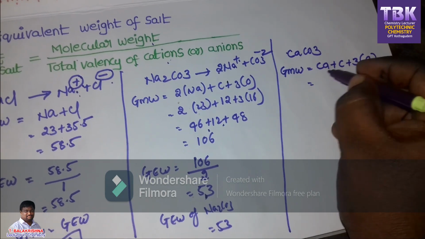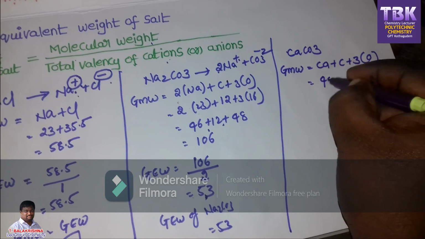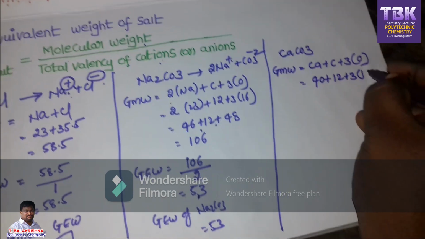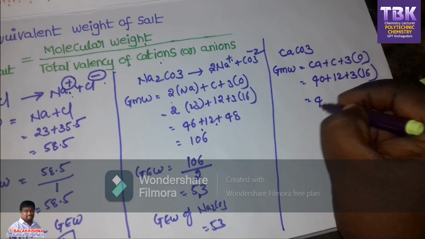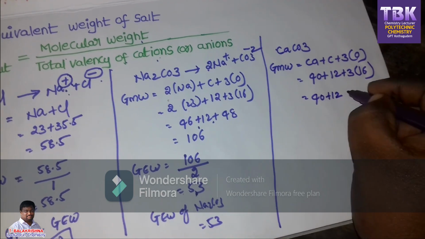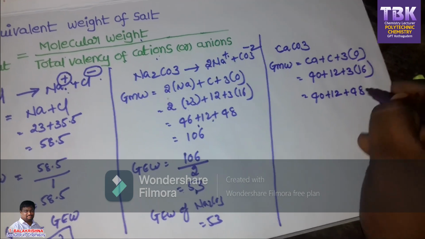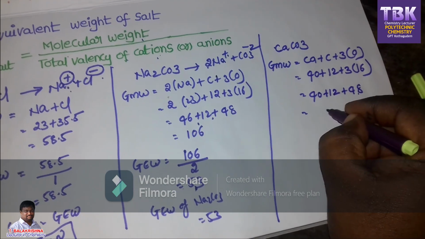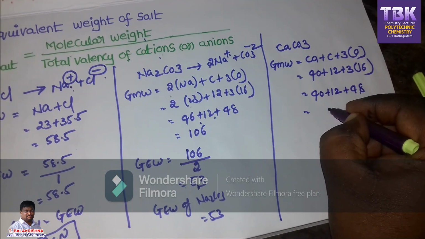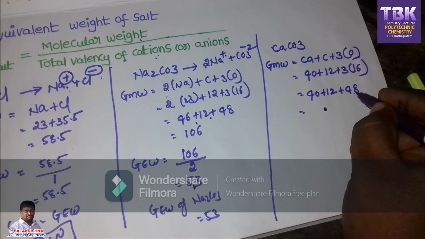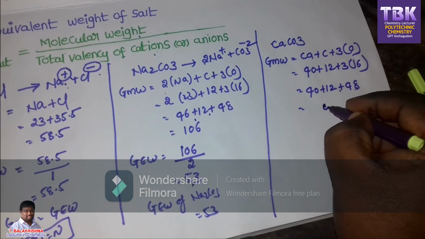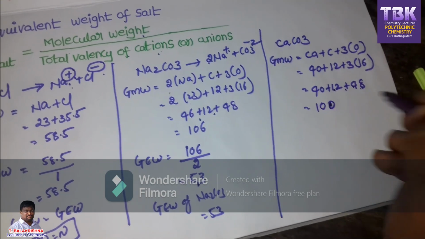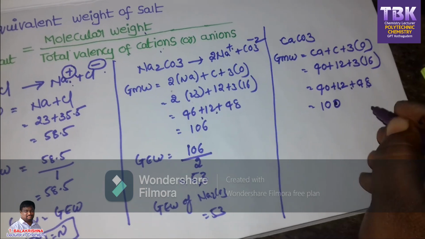Calcium atomic number 20, weight 40, carbon 12, plus 3 into oxygen 16, that is 48. So 40 plus 12 plus 48 is 100. So 100 is the gram molecular weight of calcium carbonate.